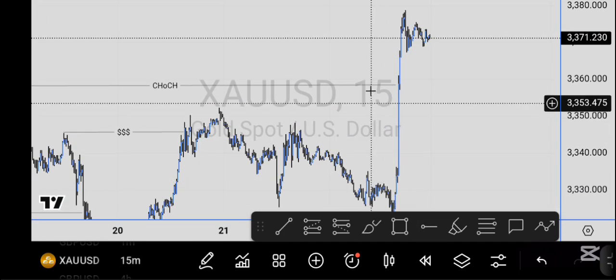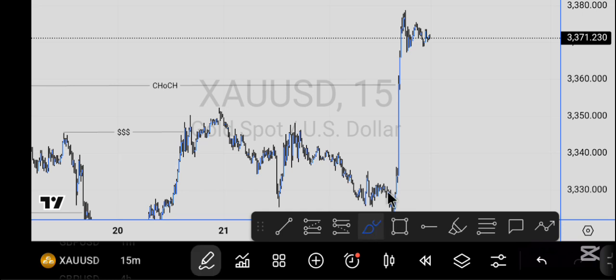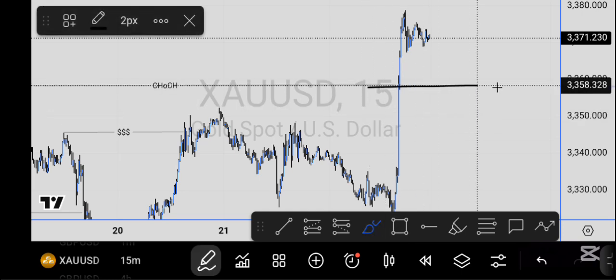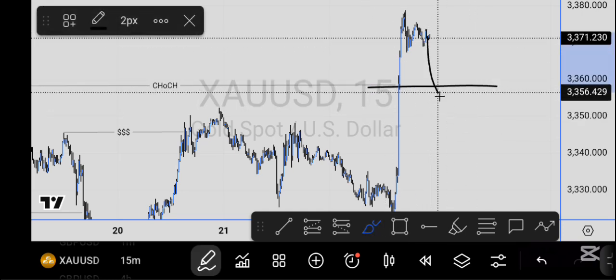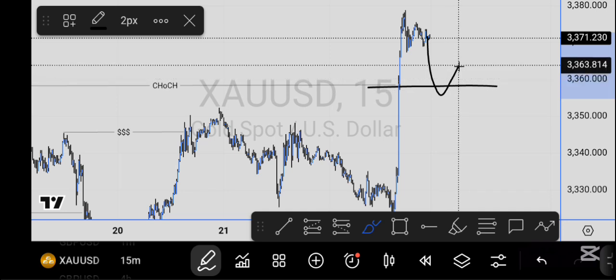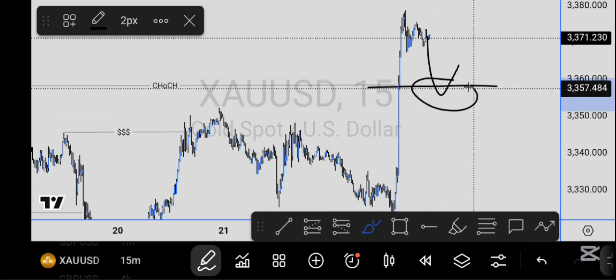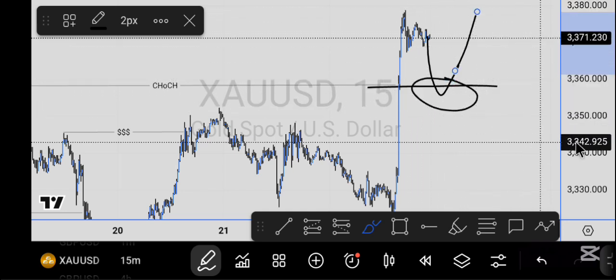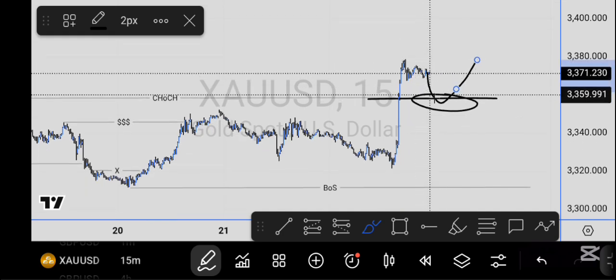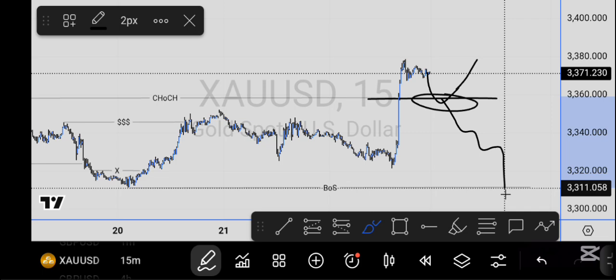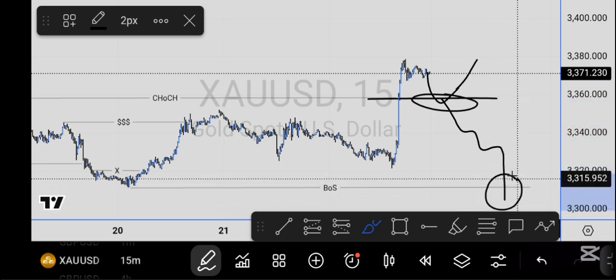But if price gets here, we have two scenarios. If price gets here and it gives us a bullish confirmation right here, then I'll go long. But if price gets here and it fails to give us any bullish confirmation, then I'll keep shorting to this break of structure.